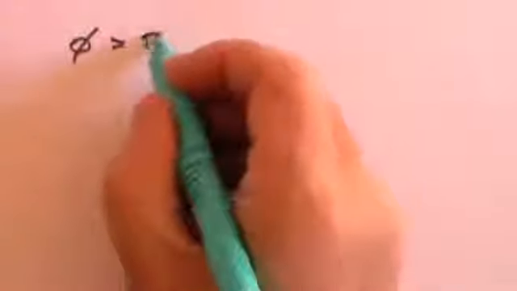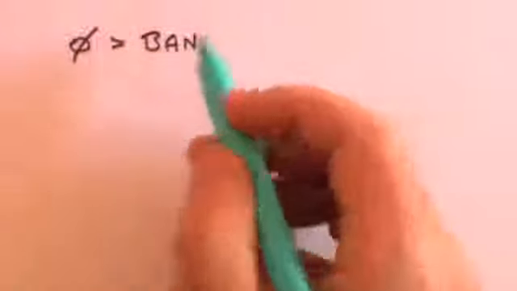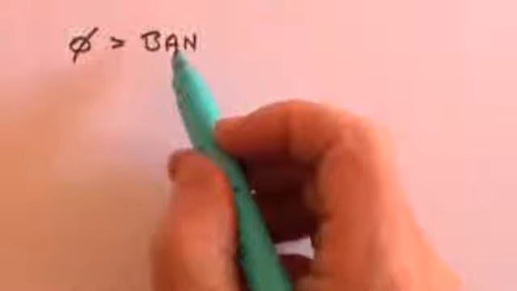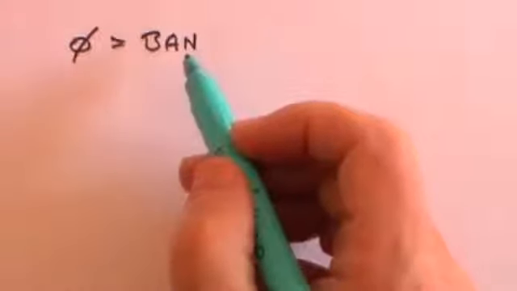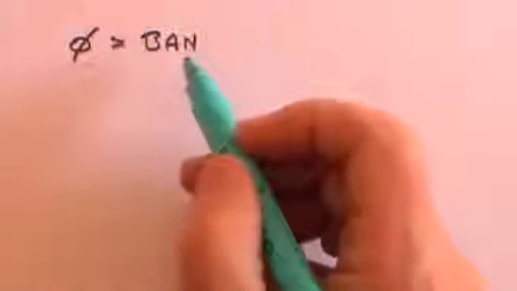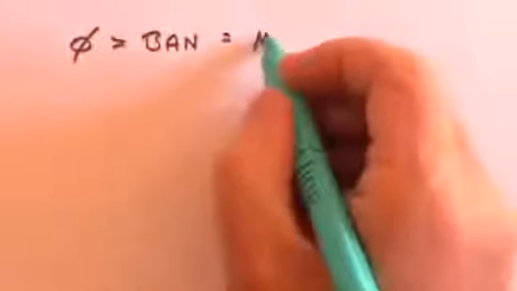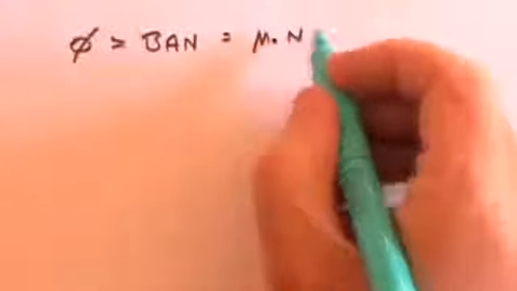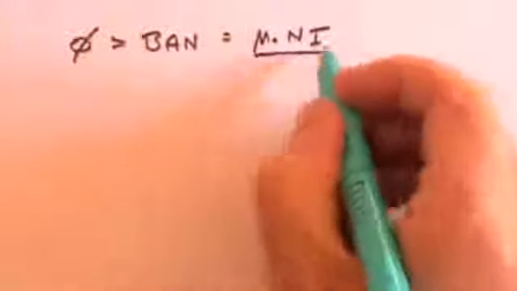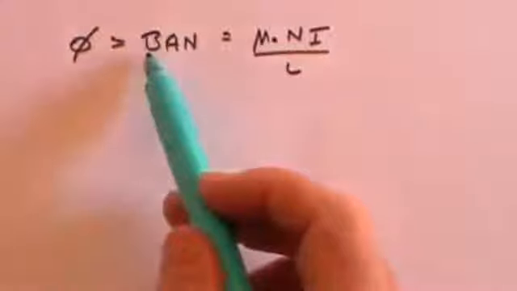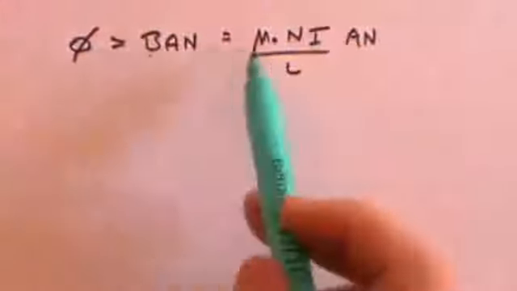Now we recall that the magnetic flux, we've already stated this, is BAN, the magnetic field times the cross-sectional area of the solenoid, times the number of turns of the wire through which the current is flowing. And since B is mu naught N I over L, we've shown that previously, times AN, phi is mu naught N I over L times AN.